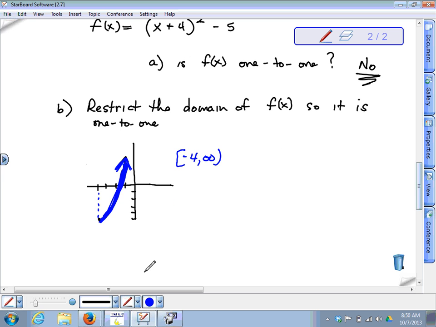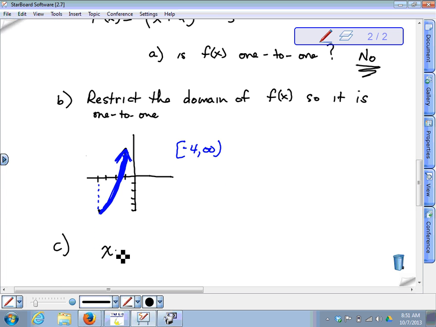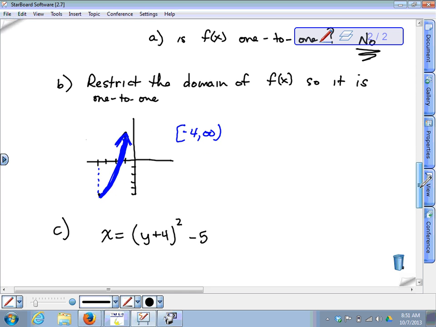So part C, let's find the inverse. What is the inverse of f? Switch x and y. So we're going to have x equals (y plus 4) squared minus 5.